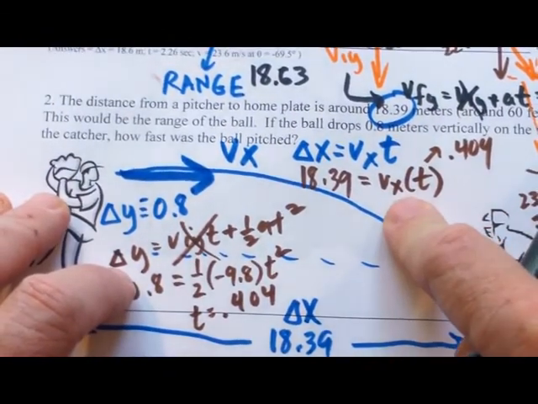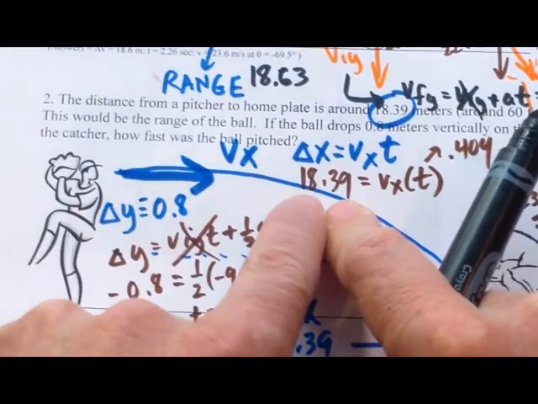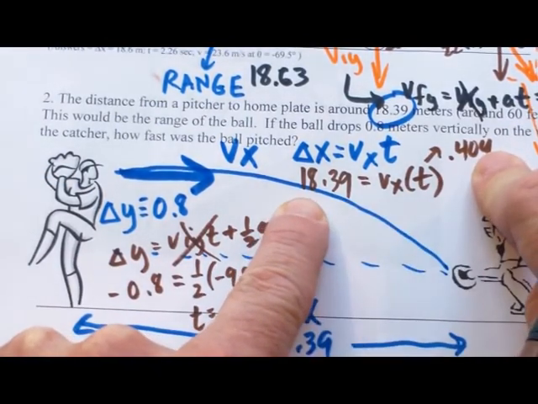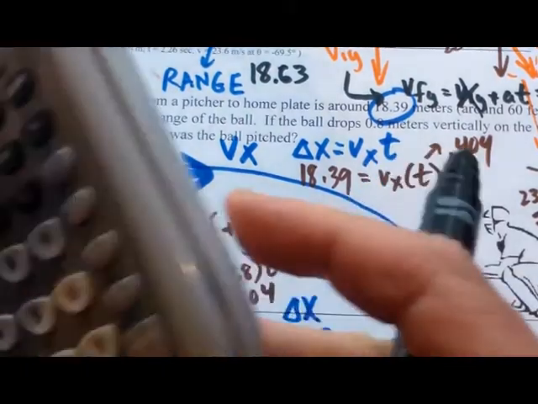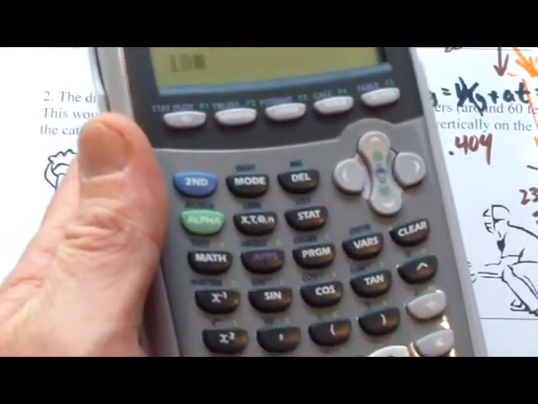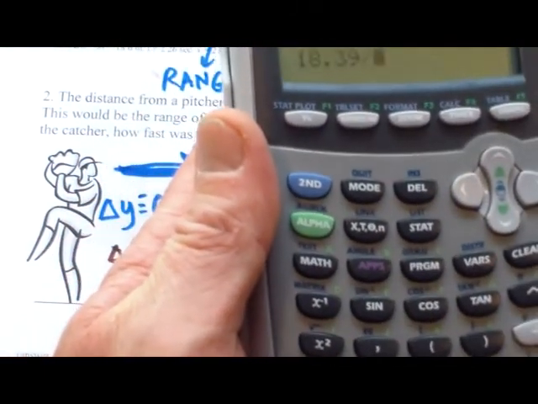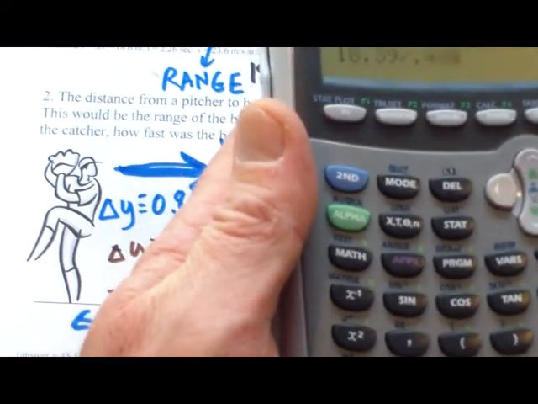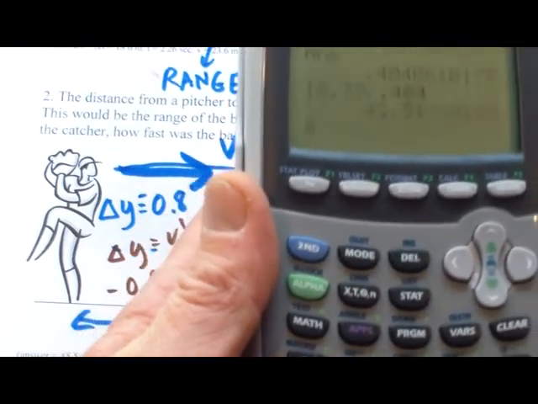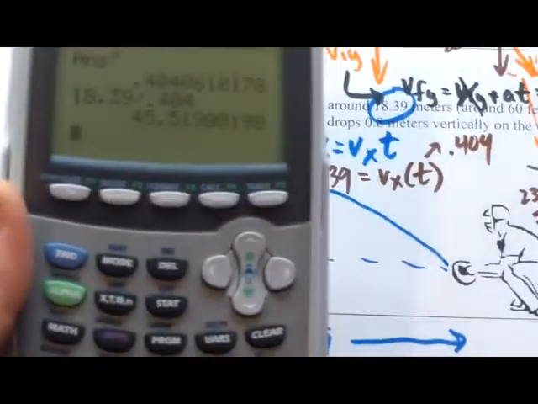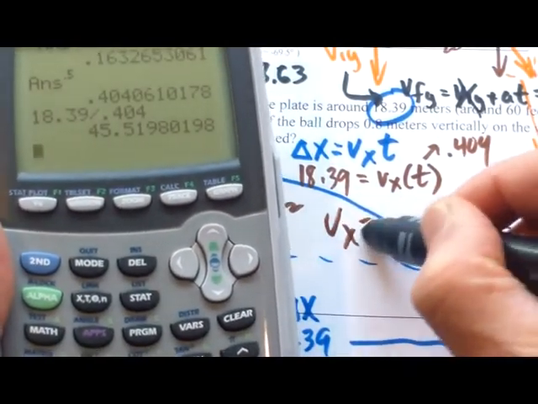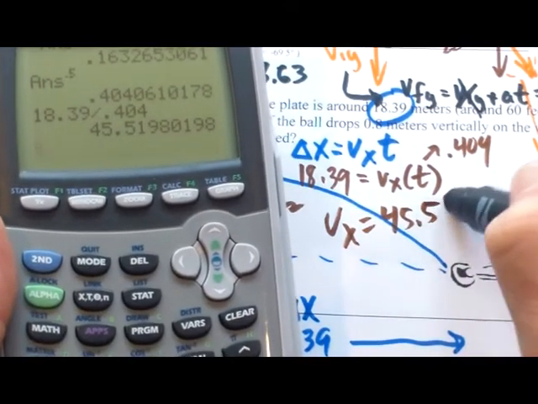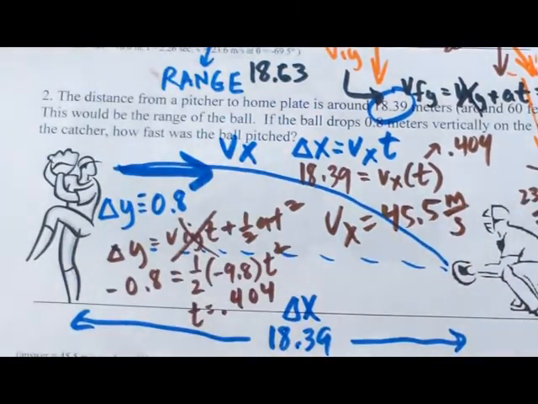So now we can solve for v sub x, right? We can take 18.39 divided by 0.404. And that's going to give us a speed of about 45.5 meters per second.